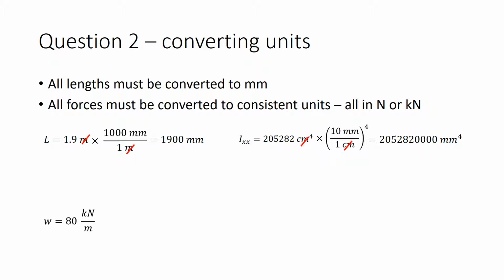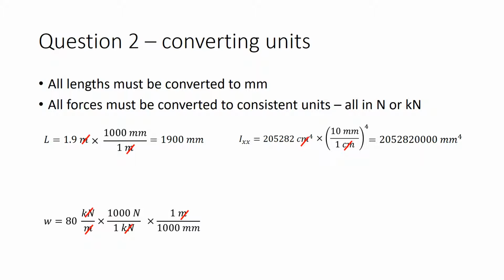Load is given as 80 kilonewtons per metre, and this is where you will see why converting to newtons is going to be helpful in this type of question. To convert kilonewtons to newtons, we'll be multiplying by a factor of 1,000 here to get kilonewtons in the bottom, so we can perform our cancellation of units, giving us a factor of 1,000. And to convert metres to millimetres on the bottom of our units, we'll be dividing by 1,000 to get millimetres in the bottom and metres cancelling top and bottom.